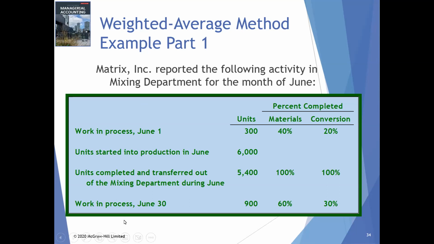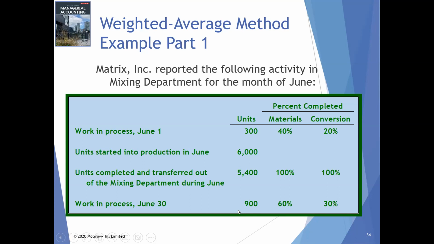So now these goods, 5,400, were 100% completed and transferred to the next department. So 100% material and 100% conversion is implemented here, right? So 5,400 units is transferred. At the closing, 900 units you can see.